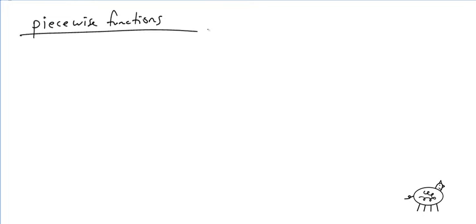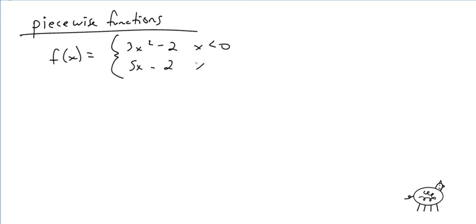All right, the next one I want to talk about is piecewise functions. And here's a function for you. F of x equals 3x squared minus 2 when x is less than 0, and 5x minus 2 when x is greater than or equal to 0.